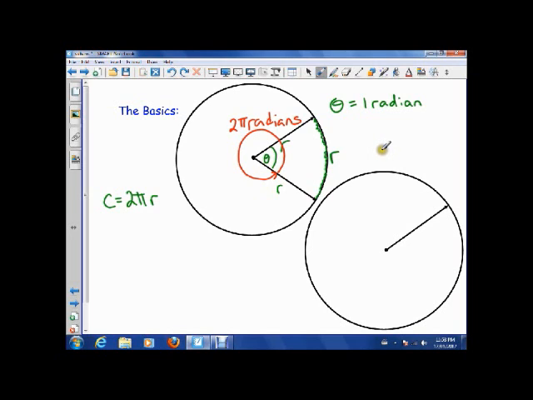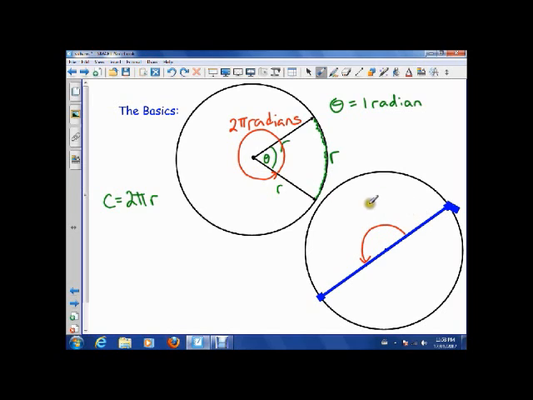The next thing we want to look at is how many radians it is to get halfway across a circle. We know all the way around is 2 pi radians. What about halfway?